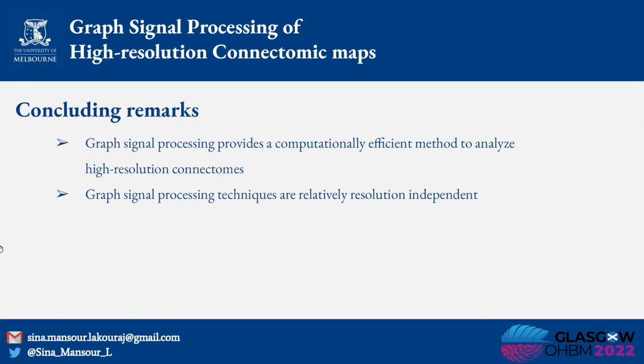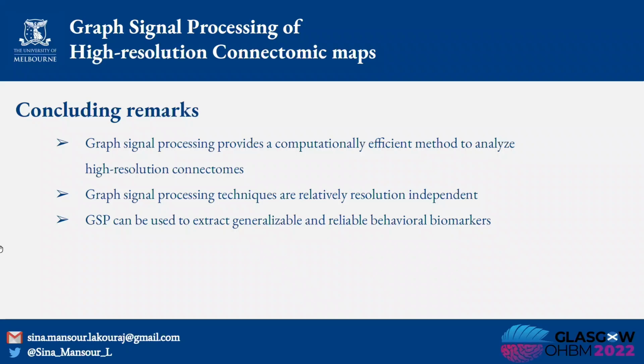We also noticed how graph signal processing techniques are relatively resolution independent and also crosstalk between different modalities. And finally, we noticed how GSP can be used to extract generalizable, reliable, and replicable behavioral biomarkers from diffusion imaging and functional MRI.